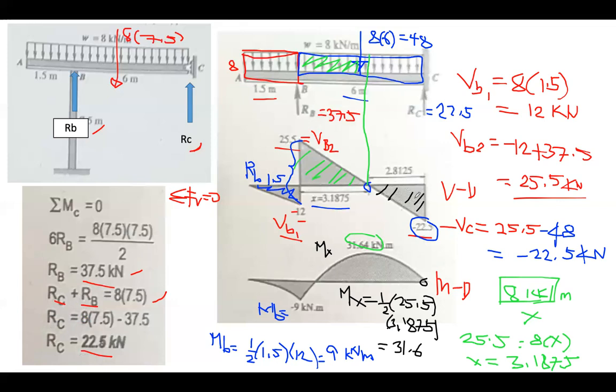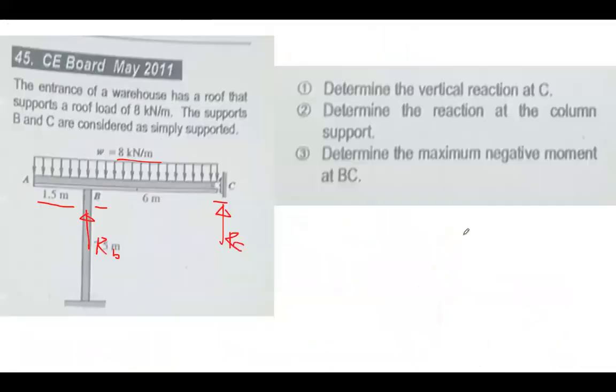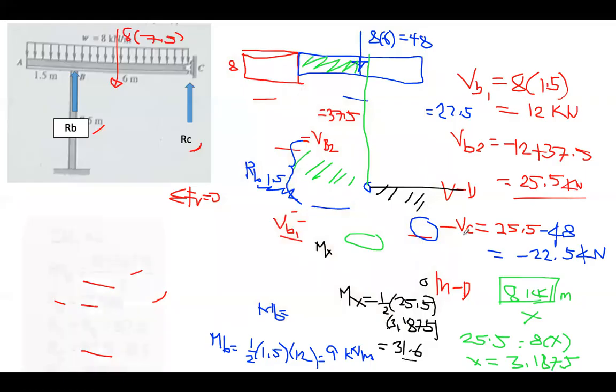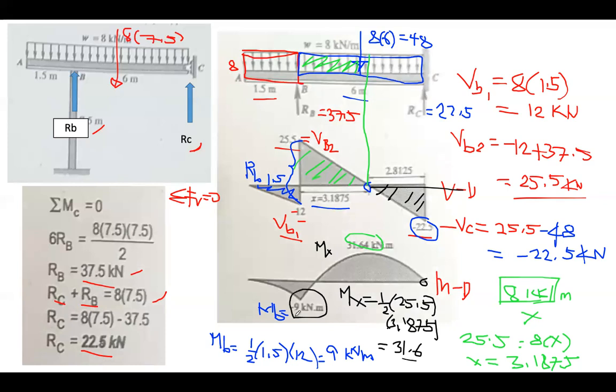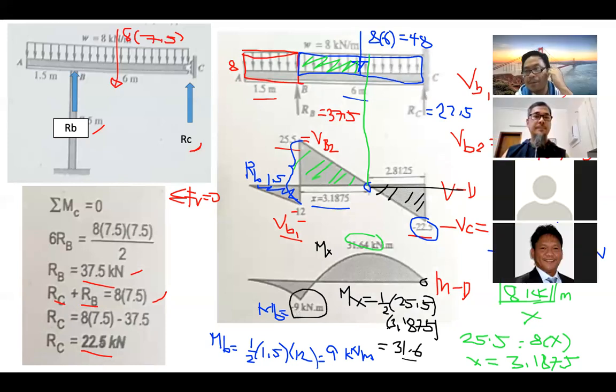This is negative because it's below this line, considering the diagram going up as positive, here is negative. So I'm sure this will become 0. So the negative moment is equal to 9, for question number 3. Is that clear?